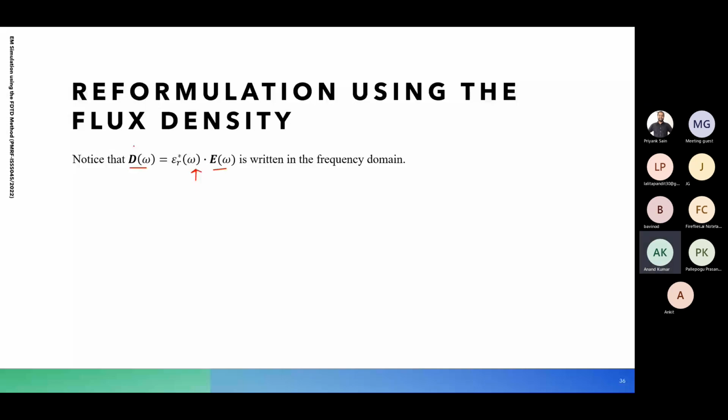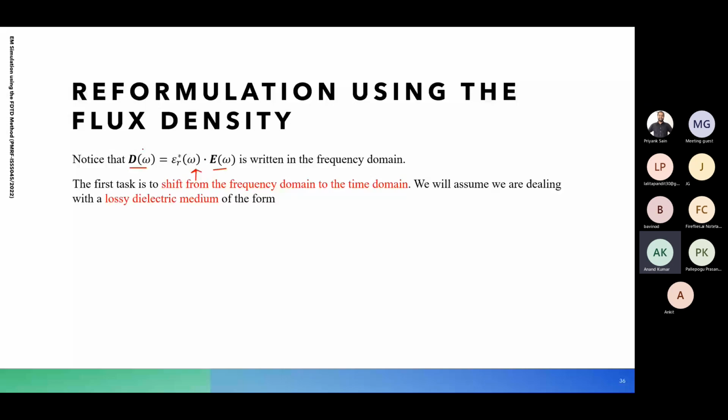So we shift from frequency domain to time domain, and we are over here assuming a lossy dielectric medium. Now the permittivity can be expressed using this expression. This is known to us, and we substitute this over here, and we get the flux density in terms of the electric field.